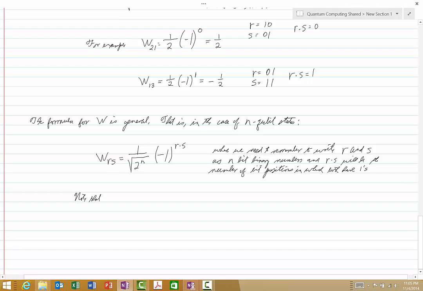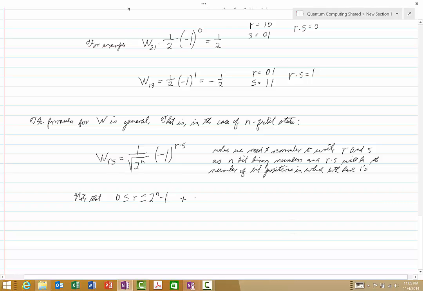And also note that 0 is less than or equal to R is less than or equal to 2 to the n minus 1, which is consistent with the fact that R can be written as an n-bit binary number, because the largest number that can be expressed as an n-bit binary number is 2 to the n minus 1.